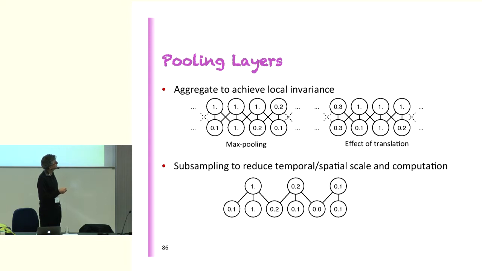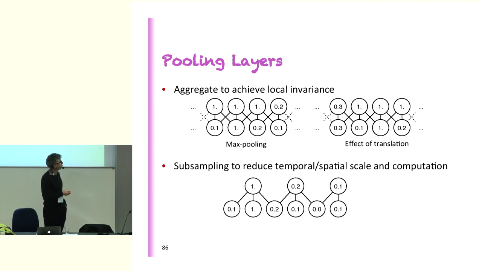And if we subsample, so if we only look at these once every 2 positions, this is what we are doing here, then we get the same 1 here, whether the max is here, here, or here. So it's going to be invariant to a local translation, assuming this axis represents time or space.